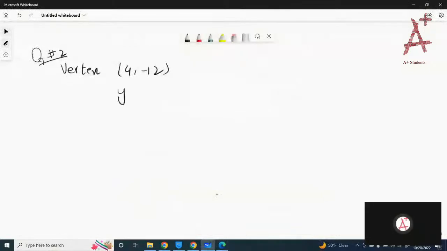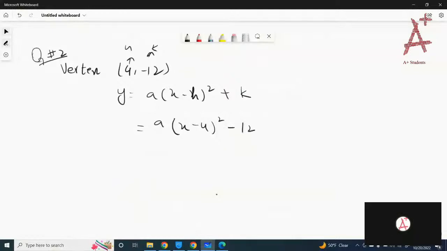So we know that the equation is y equals a times x minus h whole square plus k. This is the value of h and this is the value of k. Just put them in the equation. y equals a times x minus 4 whole square minus 12, because that is k. So this is the equation for all the parabolas. Got it?